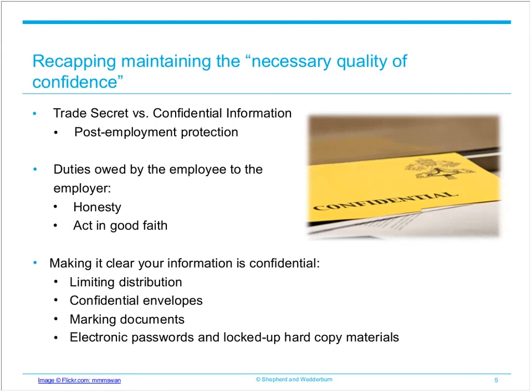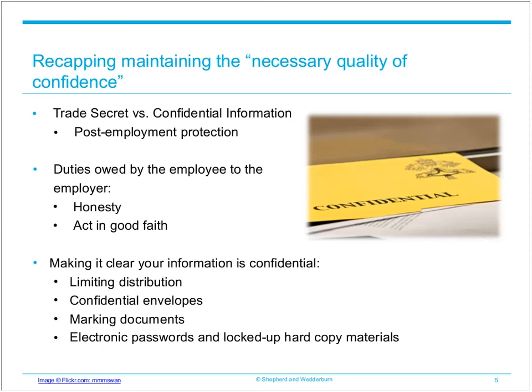So far in the series, we've looked at identifying and maintaining the necessary quality of confidence of information. As previously mentioned, this is important because as soon as that quality is lost, legal protection becomes more difficult. For example, there's a significant difference in the protection afforded to trade secrets when compared to mere confidential information, particularly when considering whether protection survives termination of an employment relationship.